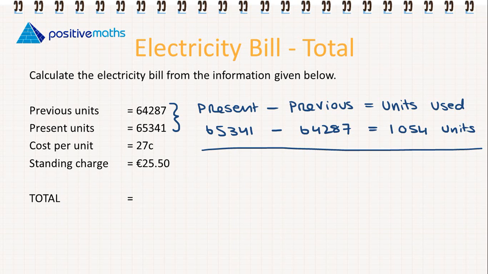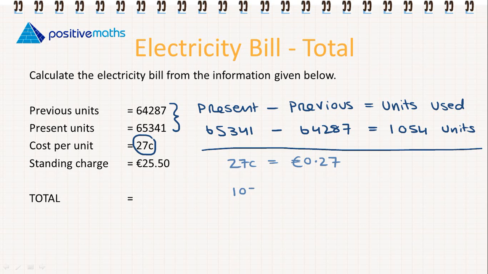One thing we have to watch out for here is that it's given us 27 cents, so we're going to be finding the answer in euros. So we're going to change our cent to euros. Instead of having this, we're going to have 0.27.